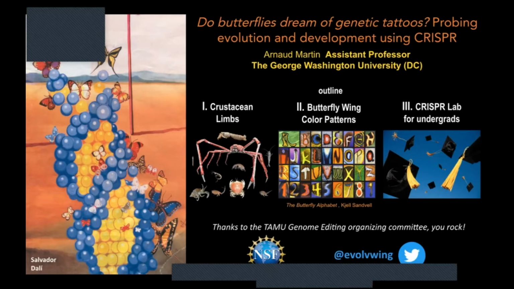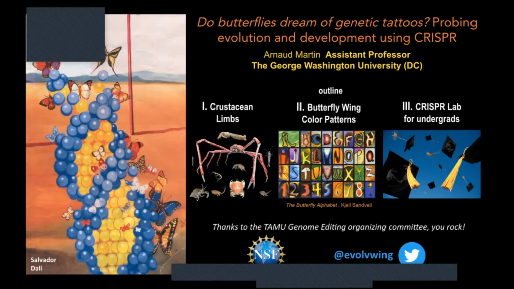All good. Thank you. So I want to showcase a little bit the work I've done since 2014 on various non-traditional model organisms to study the evolution of development. So while I will talk a lot about butterfly wing color patterns, which has been really the bulk of my interest, I will also mention a little bit of work on crustacean limbs that I did as a postdoc.